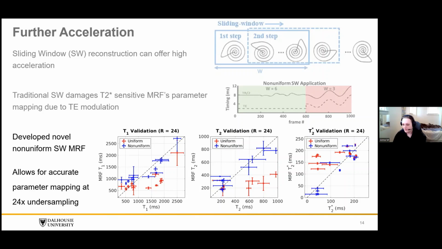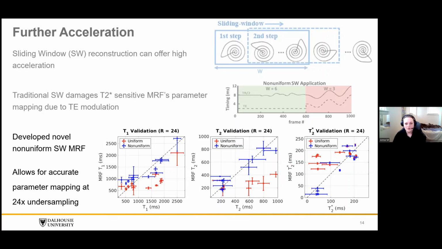And you can see that in these figures here, the red is a standard sliding window, and this is comparing the gold standard values of T1, T2, and T2 star to the output of the T2 star MRF. The red value is not good. It's not really lining up, but when we apply this non-uniform sliding window, we see the blue values start to come back towards the values that we know are true.